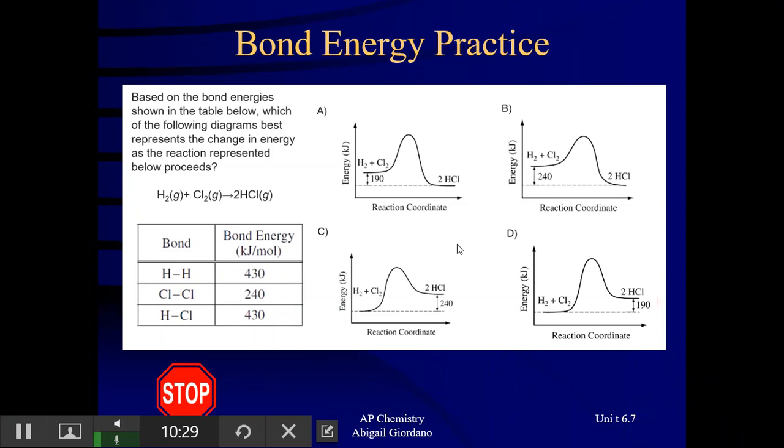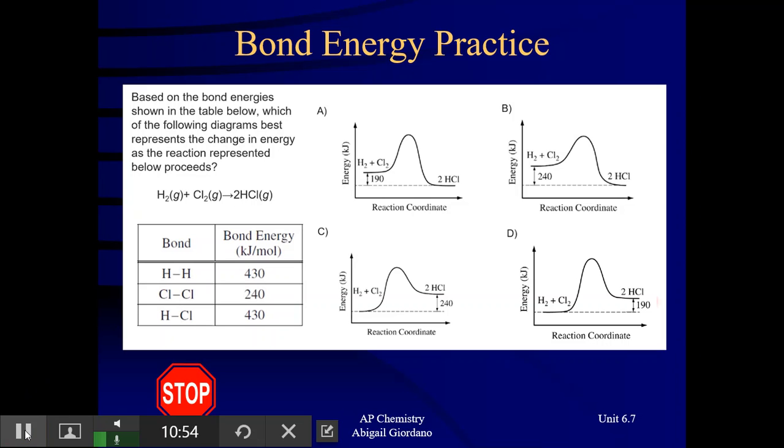And I would like for you guys to try this one on your own. You are given a reaction. You're given a table of bond energies, and they want you to see which energy profile matches up with the delta H that you could calculate from these bond energies. So pause your video and see how you do with it. All right.